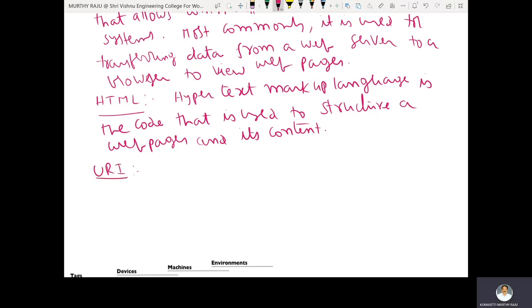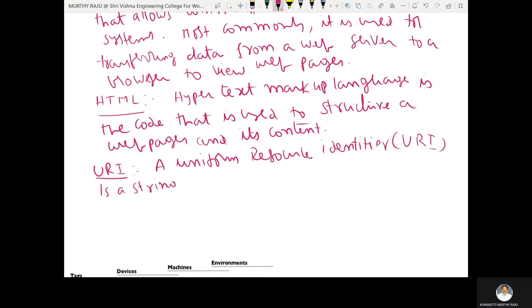Coming to URI. A uniform resource identifier is a string of characters used to identify a resource.